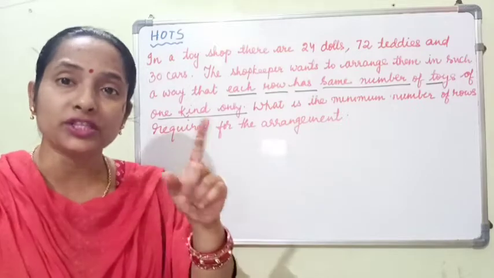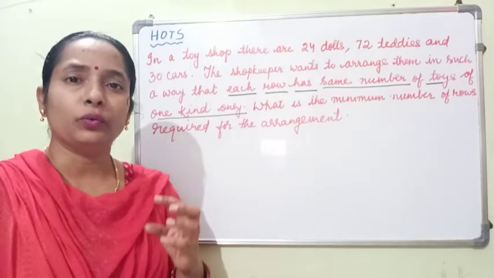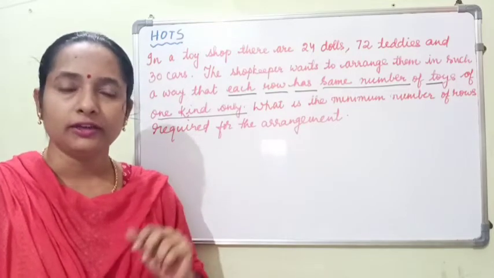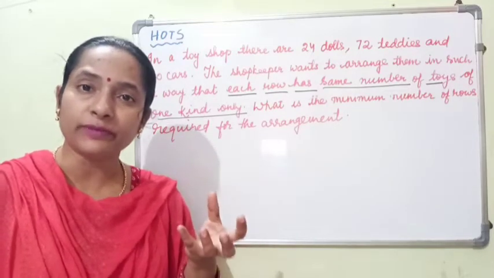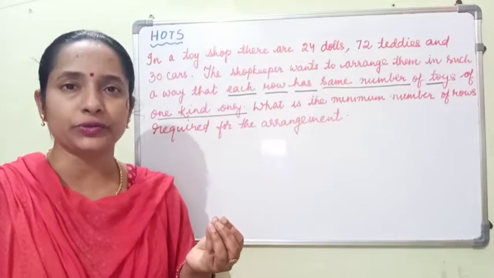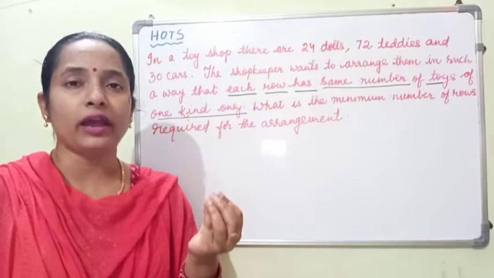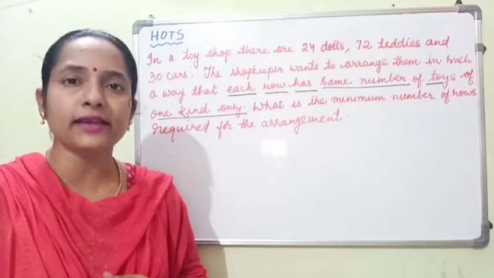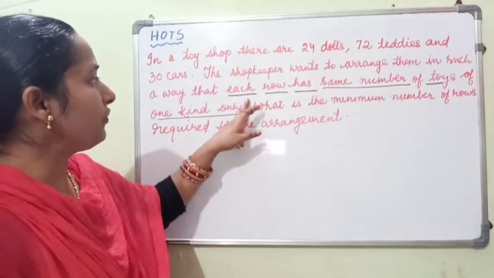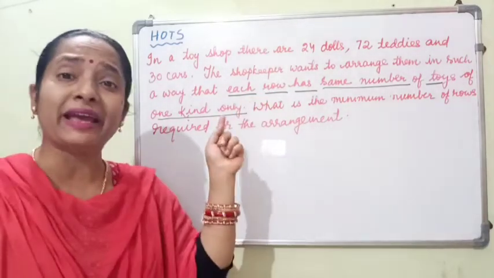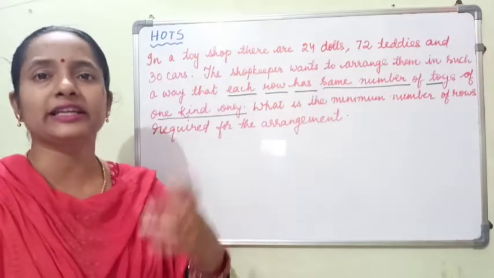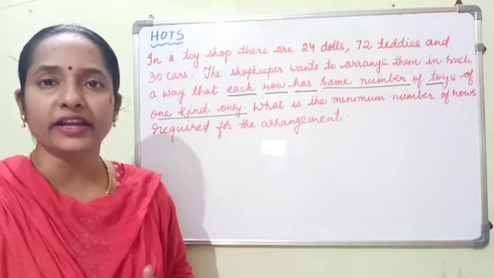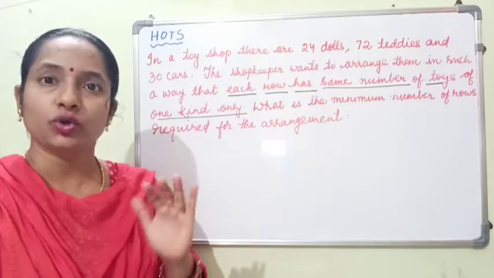So we will focus on equal distribution. When the concept of equal distribution is given to you, then we have to find the LCM or HCF. Definitely HCF. So first of all we have to find the maximum number of toys that can be placed in each row. Then later we can find how many rows are required to arrange them.